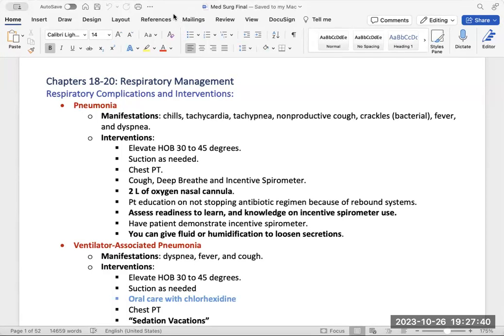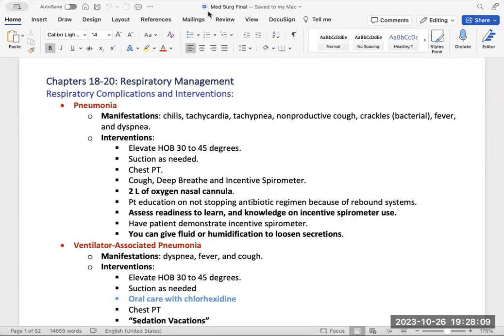Also, we could encourage deep breathing to use the spirometer. Yes, right? To help with that breathing. What else could we do? Right? Yeah, get a humidifier, to help them breathe. Yeah, we want to help with getting rid of some of those secretions.